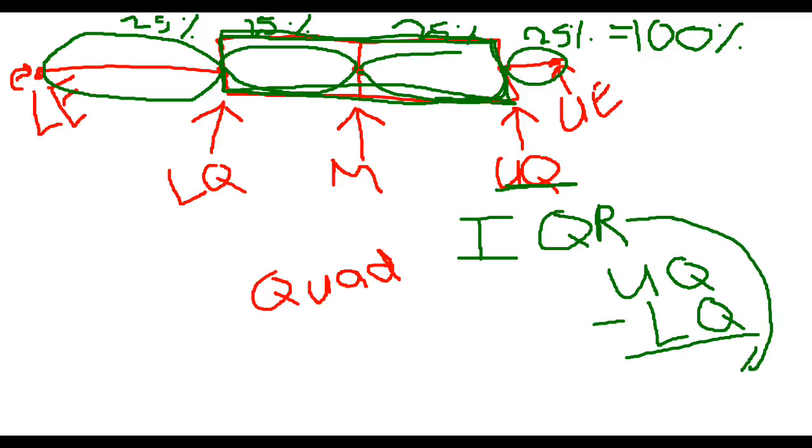So that's how I find inner quartile range. I take my upper quartile, subtract my lower quartile, and it tells me the range of what's inside of the box.